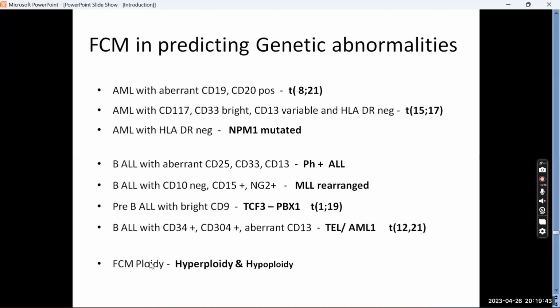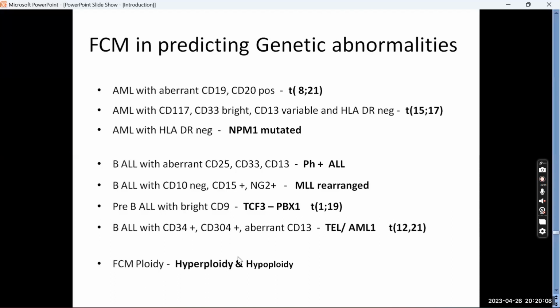You can't do cytogenetics in such a sample because out of 100 cells, only one cell is abnormal, and cytogenetics is not such a sensitive technique. Since 99 cells are normal, it will most commonly show a normal karyotype. But by flow, I was able to pick out that 1% disease, and I can see ploidy in that. So that is the beauty of flow.